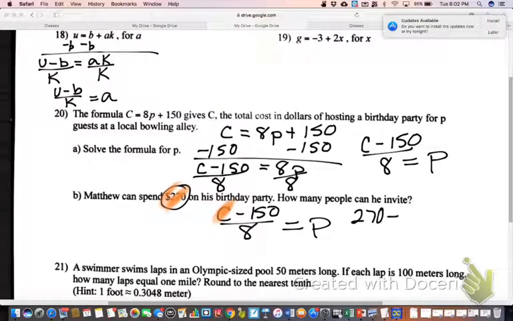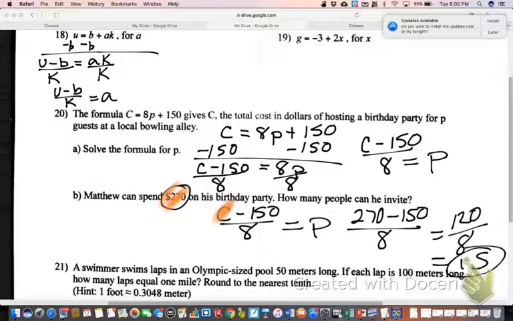So 270 minus 150 over 8. 270 minus 150 is going to give me 120 over 8. And then 120 divided by 8 is 15. So that means he can invite 15 friends to his party.